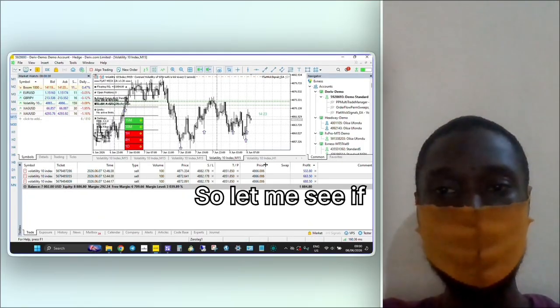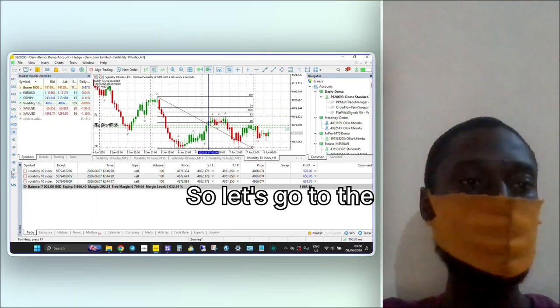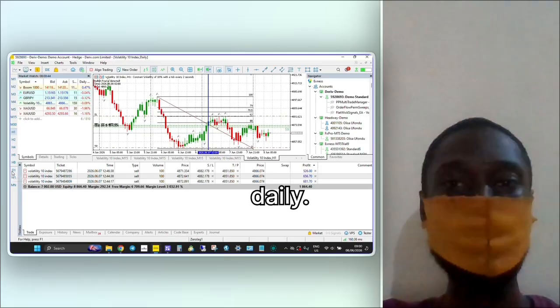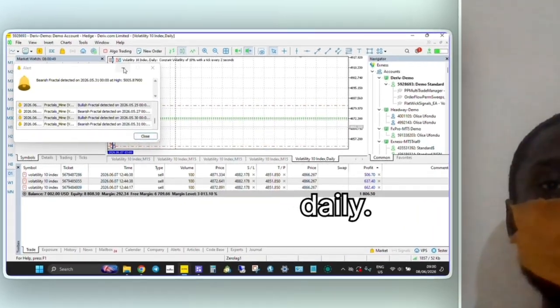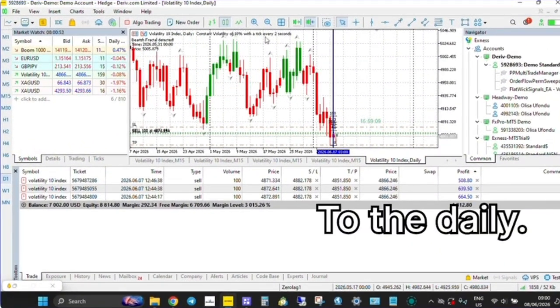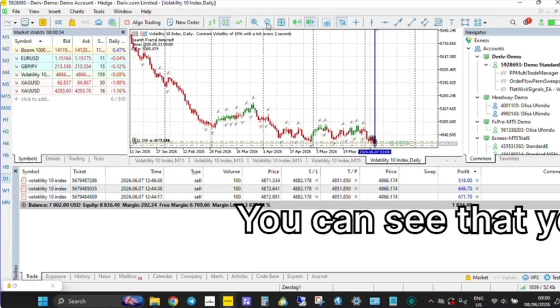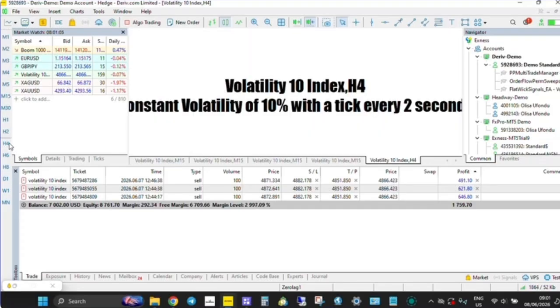So let me see if this indicator is accurate. So let's go to the daily. If you go to the daily, you can see that yes, we are actually on a bearish trend. We go to 4-hour, the same thing.